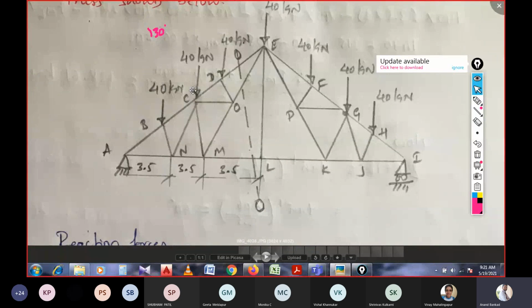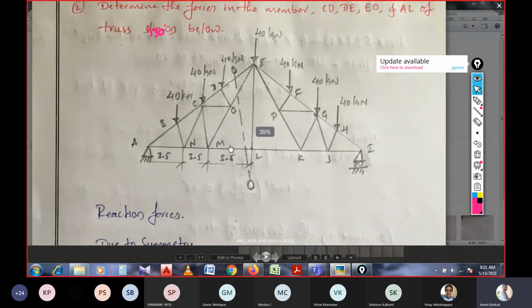And again, this 40 kilonewton will not be at the 3 point, and this 40 kilonewton is lying at another point other than these noted distances, right? This is what we need to observe in the question before proceeding to start this.